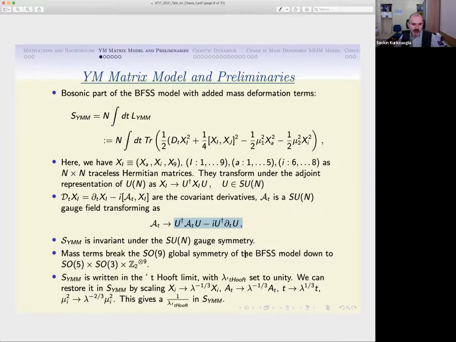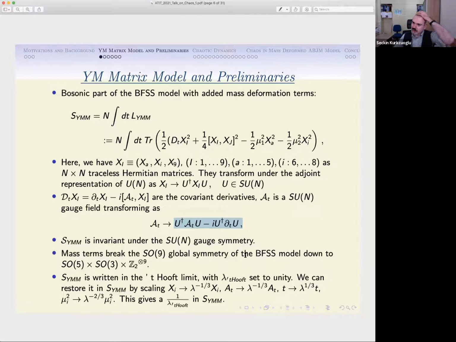But another point that one might make is that this action, if you are familiar with Yang-Mills theory in any dimension, the action is like trace F_{mu nu} squared. So you can start with a Yang-Mills theory in 9+1 dimensions and dimensionally reduce it to 0+1 dimensions.